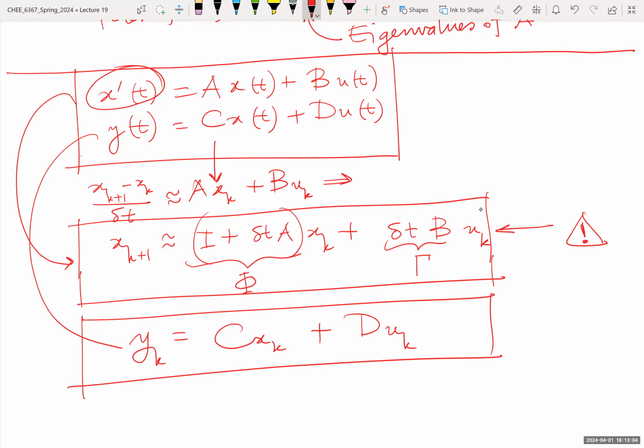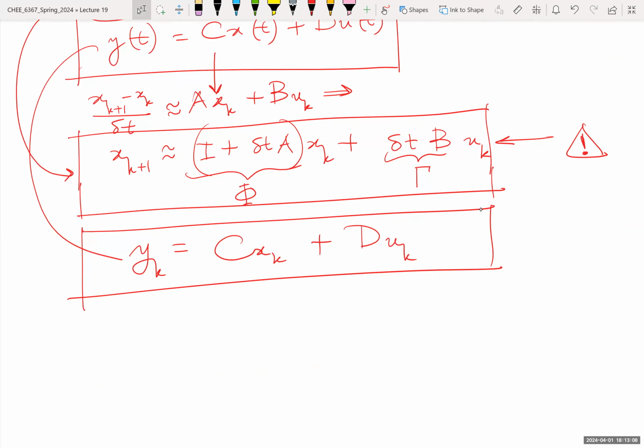And again, this is approximate. There is also an exact representation of my equations. So instead of having it like this, you can have x_{k+1} exactly equal as opposed to approximately equal. Let's call those the approximate ones.